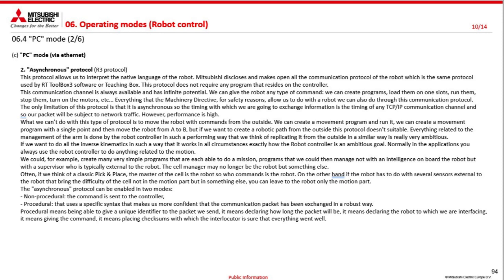Procedural means being able to give a unique identifier to the packet we send. It means declaring how long the packet will be. It means declaring the robot we are interfacing with. It means giving the command. It means appending checksums with which the interlocutor is really sure everything went well.